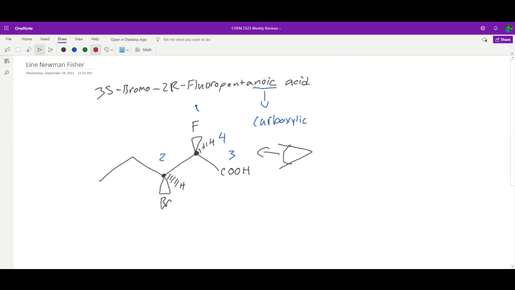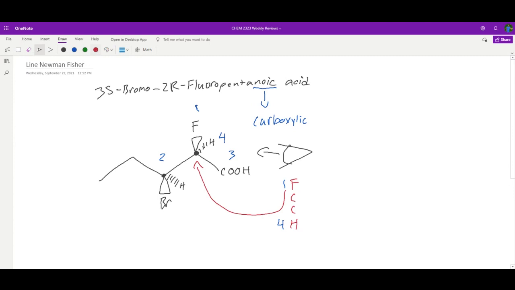So how I like to do it is, looking at this carbon, it is bonded to a fluorine, a carbon, a carbon, and a hydrogen. It's very obvious that fluorine is going to be 1 and hydrogen is going to be number 4. So we're deciding between the two carbons.